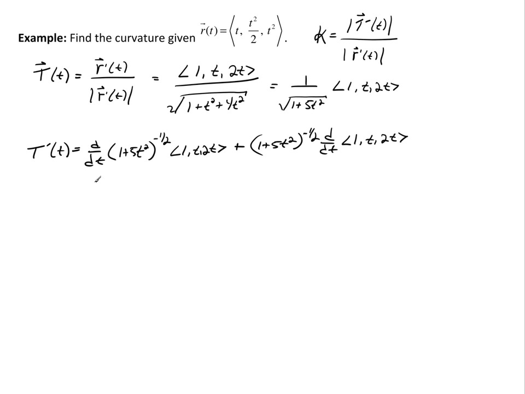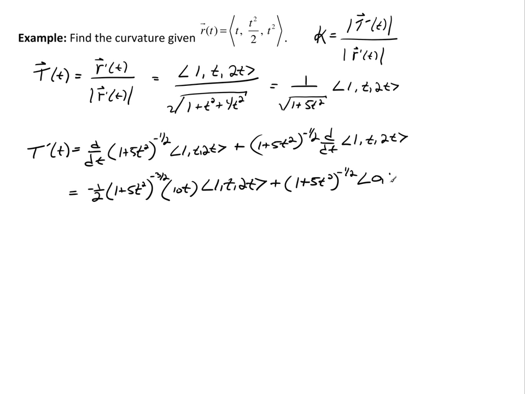So now that I've got it set up like this, let's go ahead and take the derivative. This would be negative 1/2 times (1 plus 5t squared) to the negative 3/2 times 10t multiplied by this vector 1, t, 2t, plus (1 plus 5t squared) to the negative 1/2 times the derivative of this vector, which will give me 0, 1, 2.